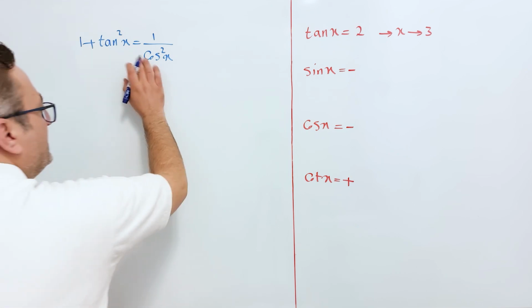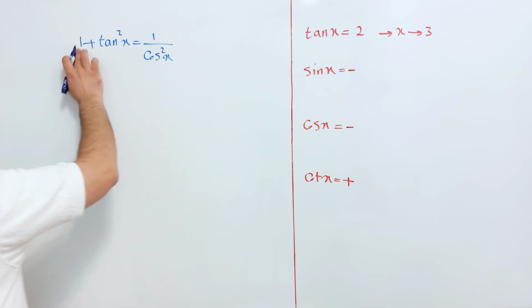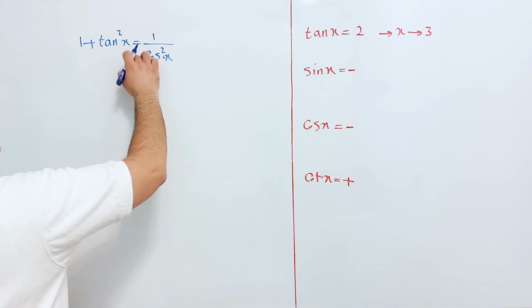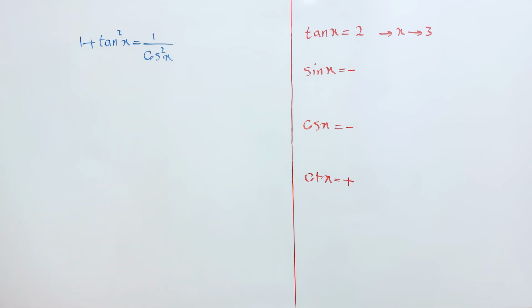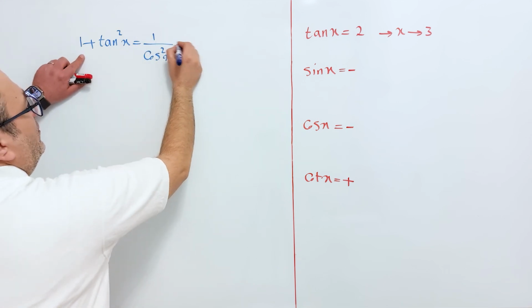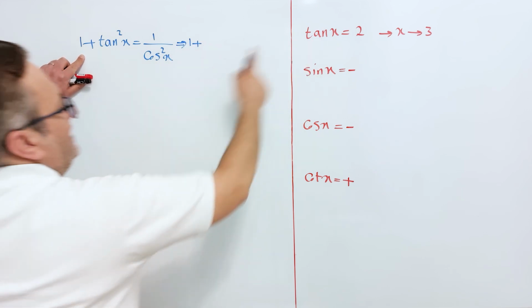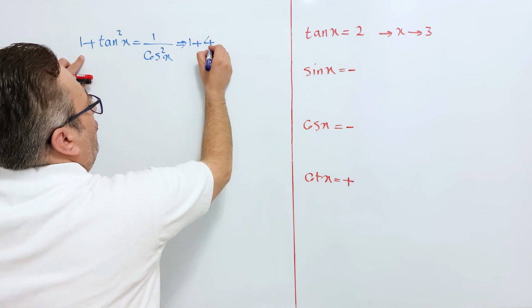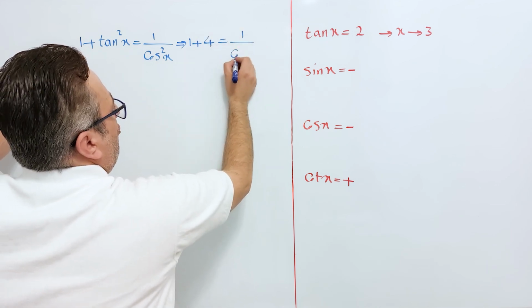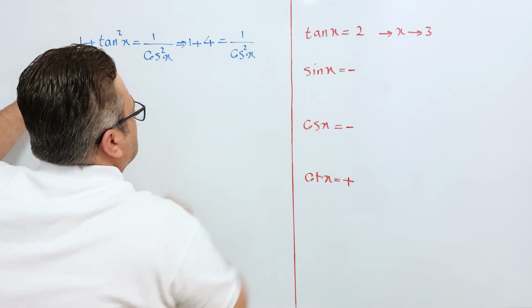Okay, do you remember this formula? 1 plus tangent squared x is equal to 1 over cosine squared x. So 1 plus tangent squared is equal to 4, is equal to 1 over cosine squared x.